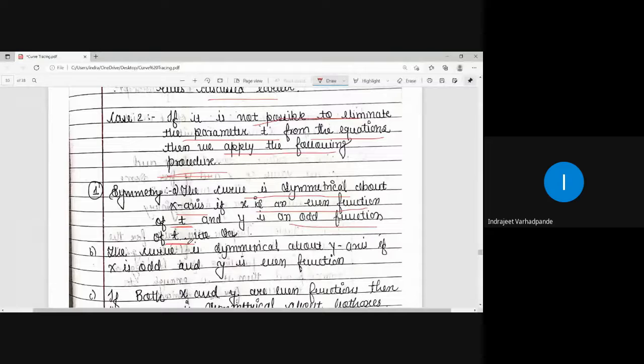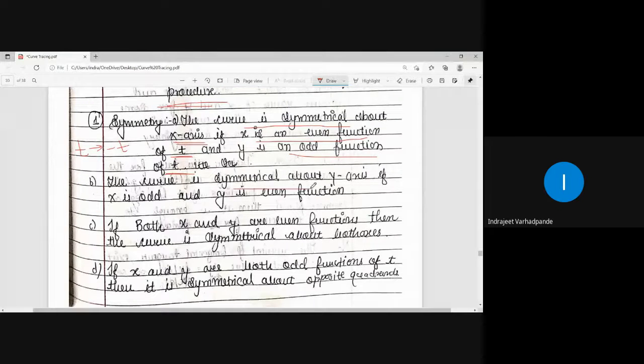I have to check whether x is an even function of t. Even function of t means replace t by minus t. If x remains unaltered, I say that x is an even function. By replacing t by minus t, if y becomes minus times the function of t, we say that y is an odd function of t. So in such cases, the curve will be symmetrical about the x-axis.